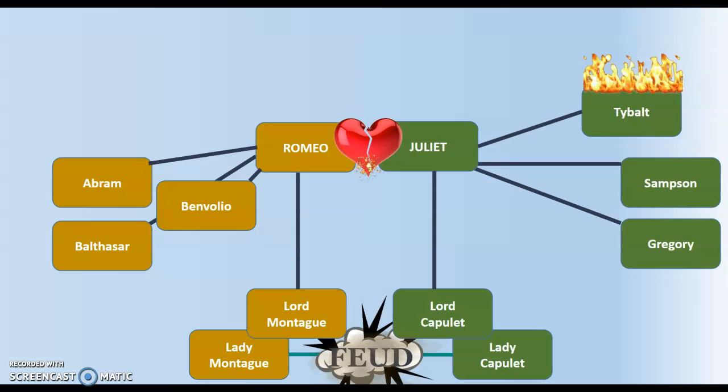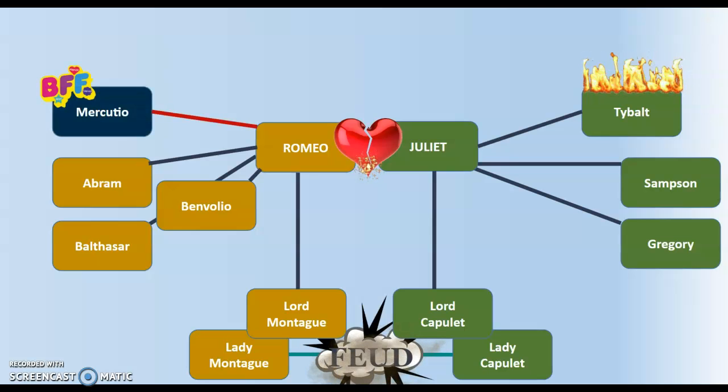Tybalt is actually her blood cousin, on her mother's side, I believe, if I remember correctly. And then we have some others, Samson and Gregory. Samson, Gregory, Abram, and Balthazar all play very minor roles in the play. They're not super important, but they're on here anyway.